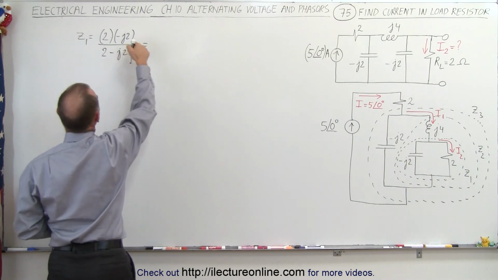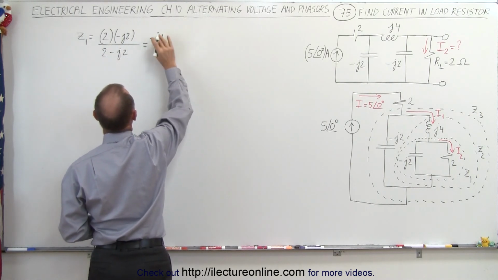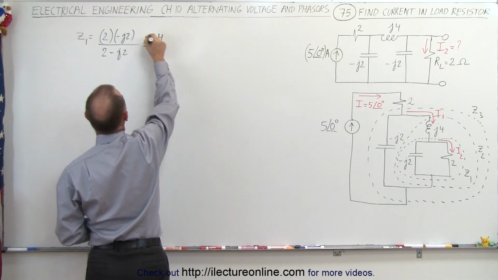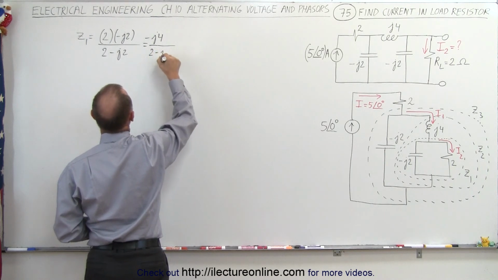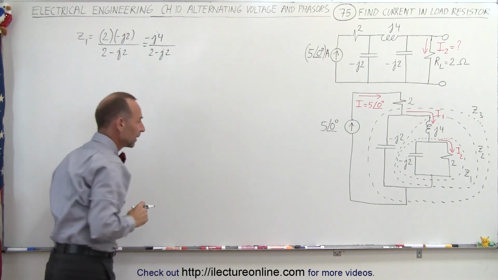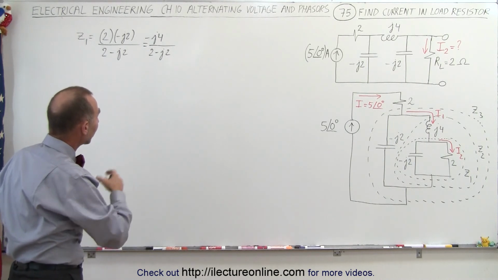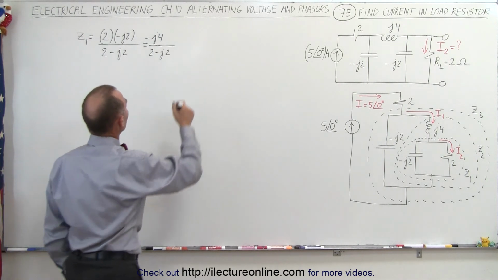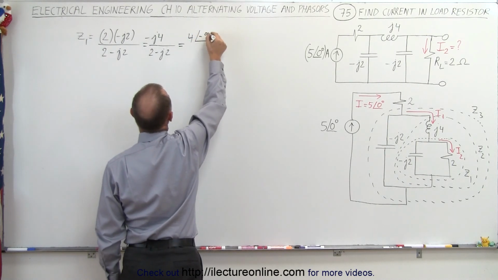And so this becomes equal to minus J4 in the numerator divided by 2 minus J2 in the denominator. Now to go ahead and do that division, we should convert that into the magnitude and phase angle format. So this would be equal to a magnitude of 4 with a phase angle of minus 90 degrees.